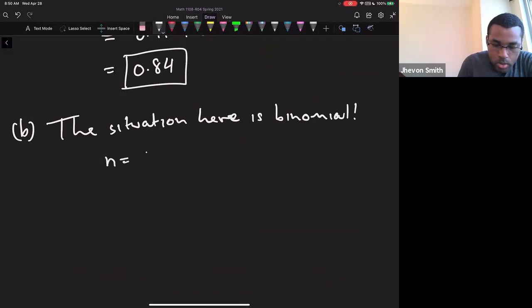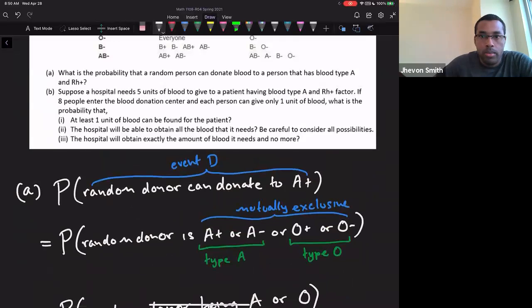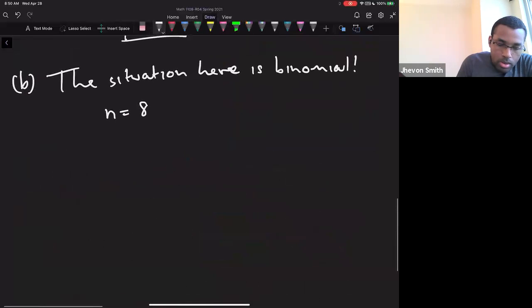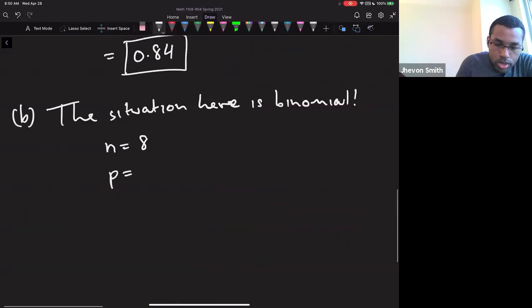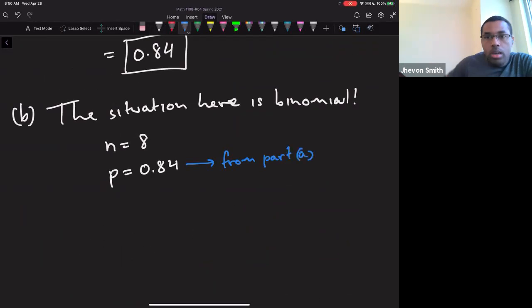Here n equals 8. 8 people walk into the blood bank. We are going to do this experiment 8 times, right? Now we found the probability that a random person can donate to an A positive. So we know that p is equal to 84%. This is from part A. So the probability of having a success with a random person is 84%.